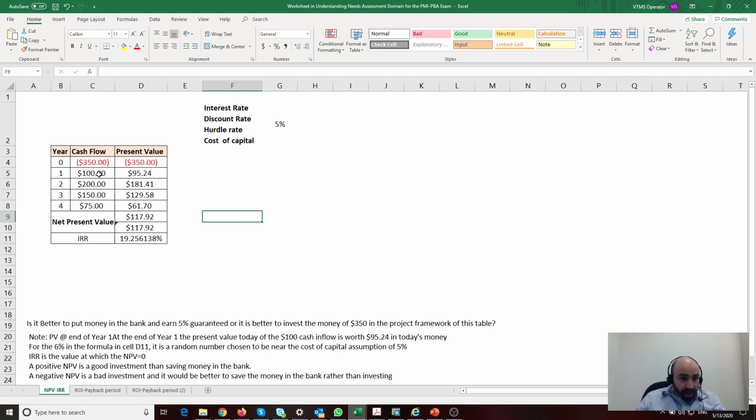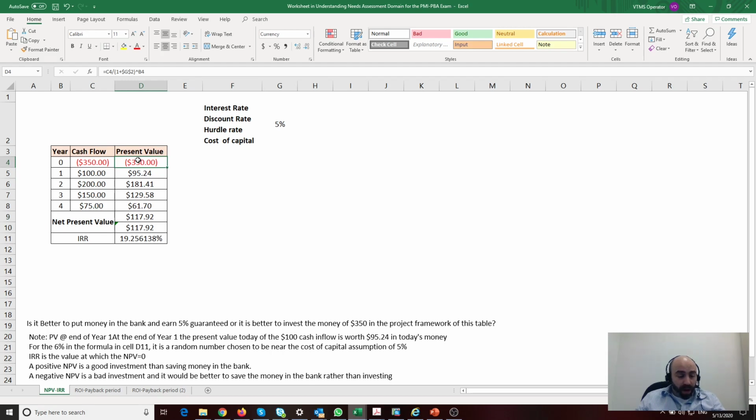Parenthesis and red means minus. So in year 0, I have invested, paying $350 into that project, which is in that table framework. For the present value, there is a formula.